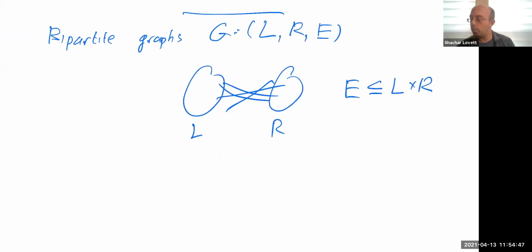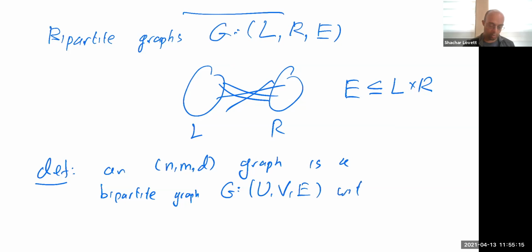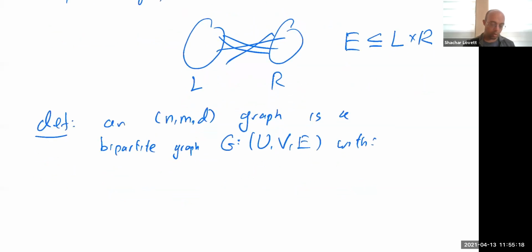We're also going to assume throughout the following definition. An N, M, D graph is a bipartite graph G = (L, R, E) with the following condition.